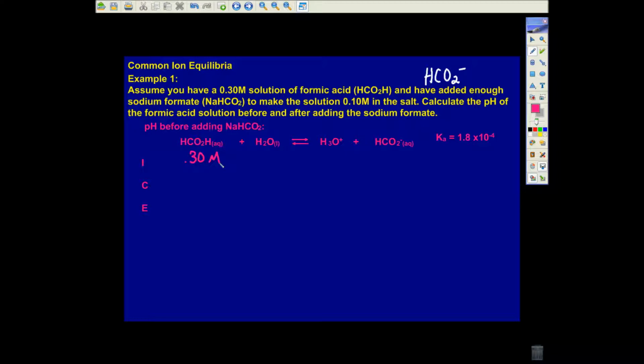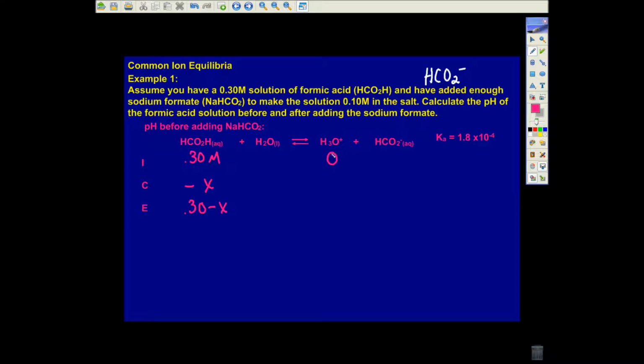That's the initial concentration. Now that formic acid is going to dissociate. It's going to lose that hydrogen and make hydronium ion. Now we don't know how much, so it's going to lose minus X. So my equilibrium concentration will be 0.30 minus X. Now this reaction is 1-to-1, so for every X amount I lose of this formic acid, I'm going to make X amount of the hydronium.